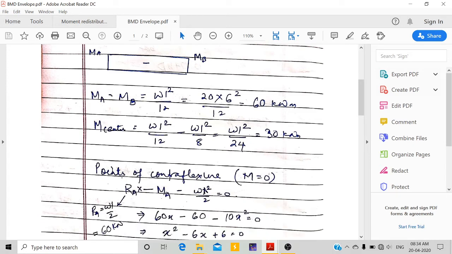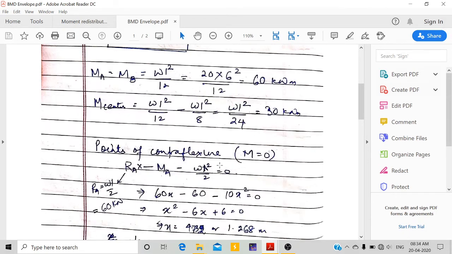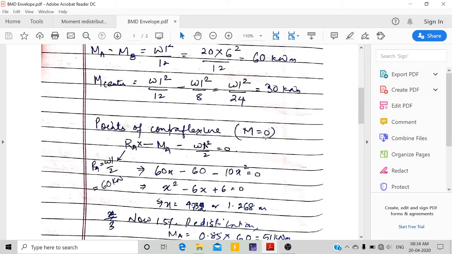So what are the points of contraflexion? Because we are calculating this to draw the bending moment diagram, we should know the points of contraflexion. Contraflexion means the point where bending moment is 0.